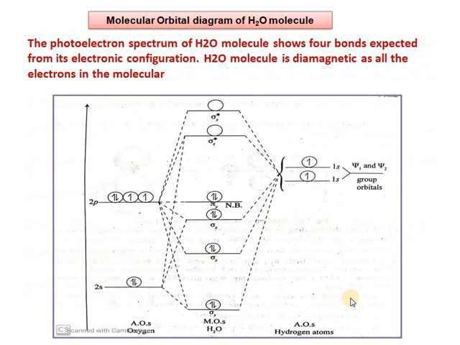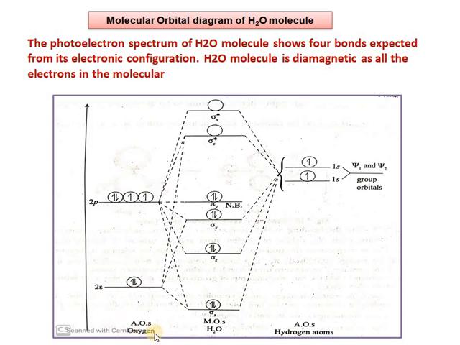So the diagram we have seen here clearly shows that the 1s orbital of oxygen is nonbonding and therefore cannot take part. Only the 2s and 2p orbitals of oxygen can combine with the atomic orbitals of hydrogen.